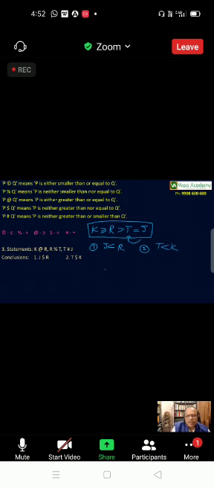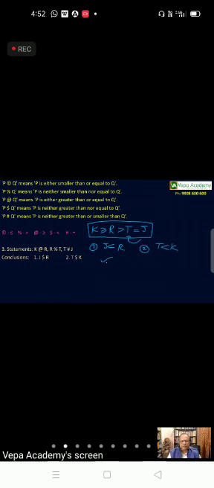That means R is greater than J. When R is greater than J, J is less than R. So we can declare it as valid. Agreed? This is how slowly we reduce the paperwork, and with minimum work we can get the answer.